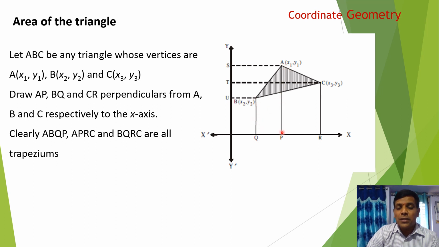Trapezium means a quadrilateral in which one pair of opposite sides are parallel. So ABQP is a trapezium, APRC is a trapezium, and BQRC is also a trapezium. Very clear?